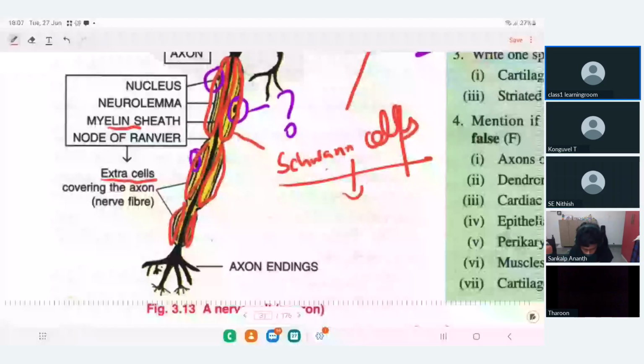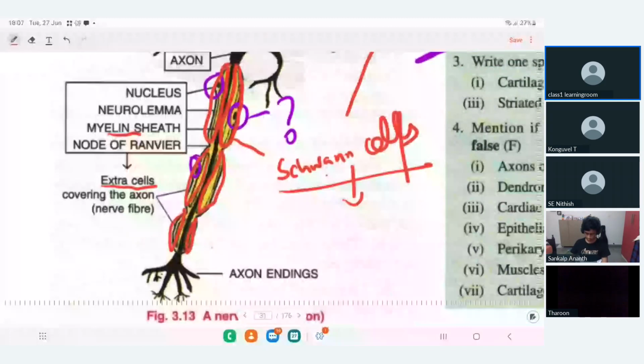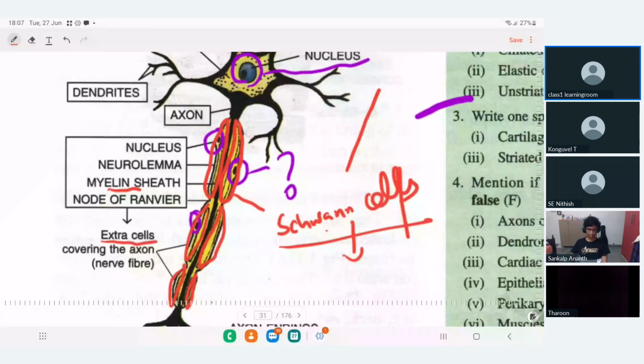Look at that. In between there are some spaces, right? What is the name of the space? Node of Ranvier. And then the membrane of the axon's Schwann cells is called what? Neurolemma.